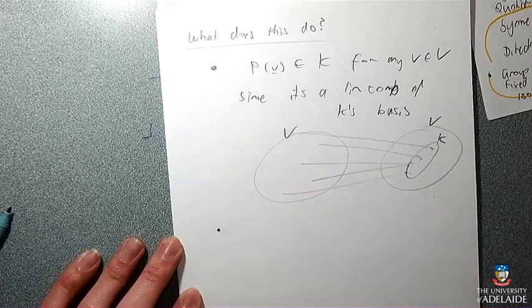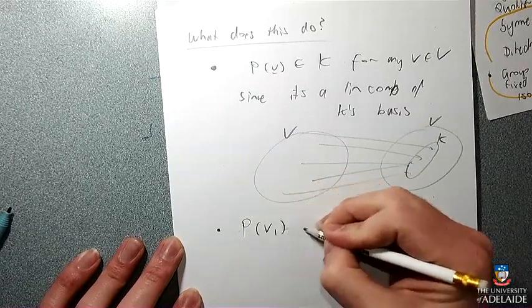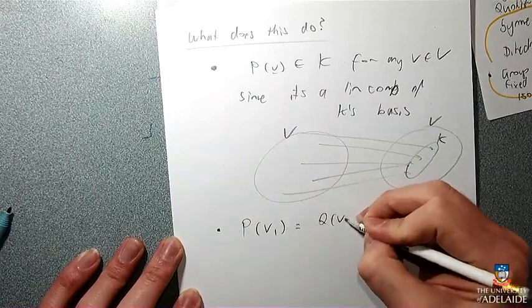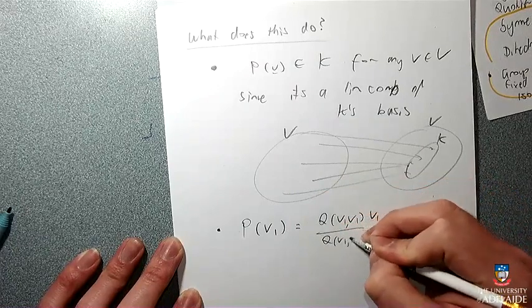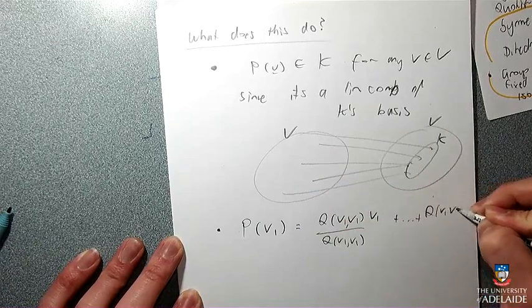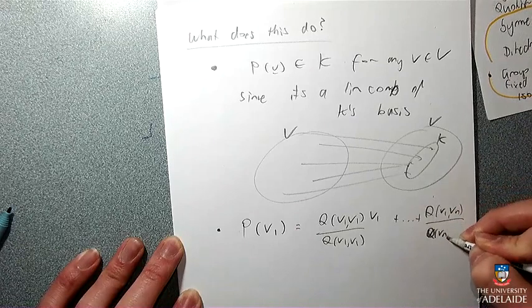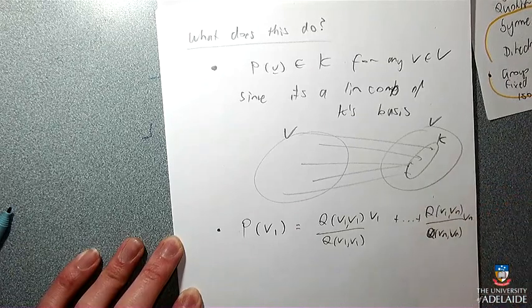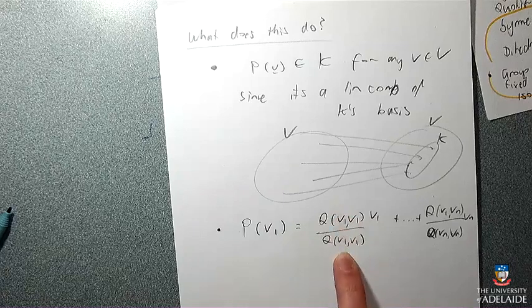Let's see what it does to the basis of K. Oh, cool. Okay, so this is going to cancel out. That'll be 1. That's nice.